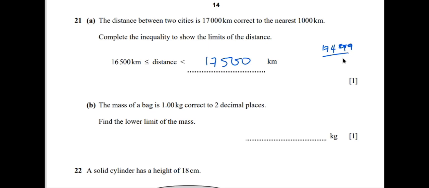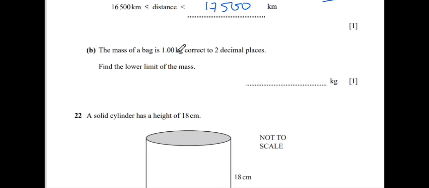All right, moving on, we also have something like that again here. They say that the mass of a bag is 1 kg, correct to two decimal places. Find the lower limit of the mass. So when you have 1.00 kg, the number has to be more than 0.99, 9, that's the number.